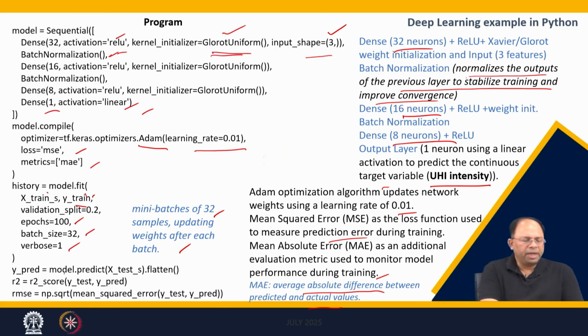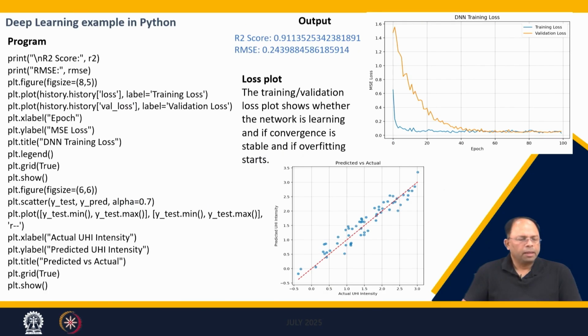Then we are predicting for the test data, and from there we can get the R squared score, and we are also getting the mean squared error value, for both y test and y predicted.